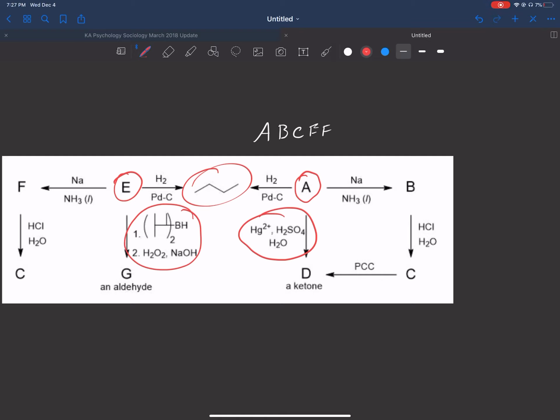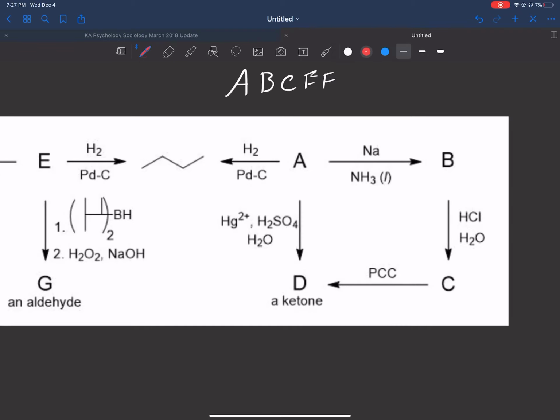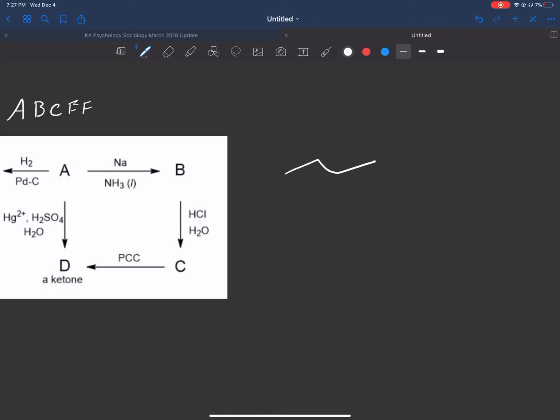But where are the triple bonds going to go? All right, so let's see. You see that Hg2+, H2SO4 is going to give us a ketone because this works on the more substituted carbon of the triple bond. So what I'll draw is, this is our alkane. There are only two possibilities of how we can have triple bonds on this carbon chain.